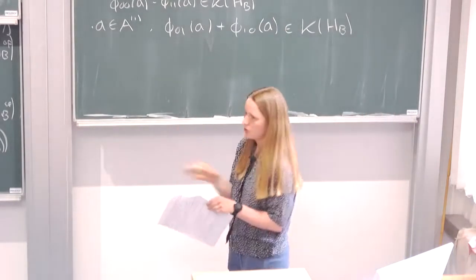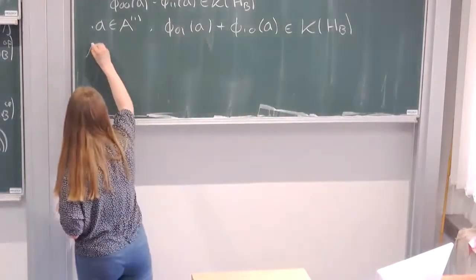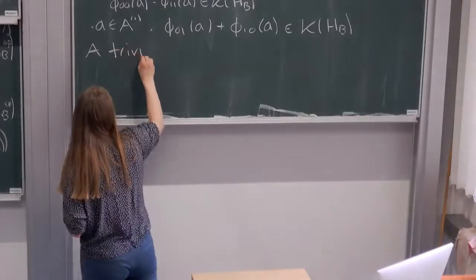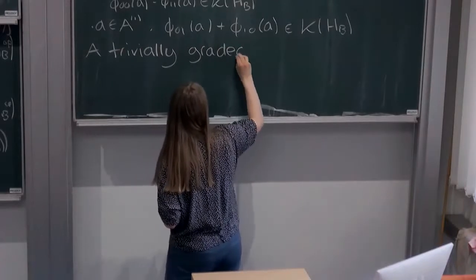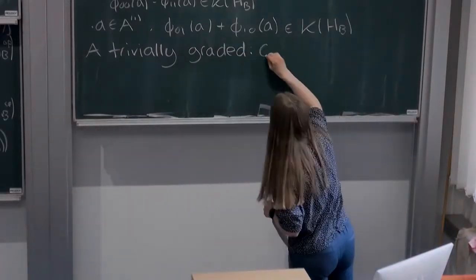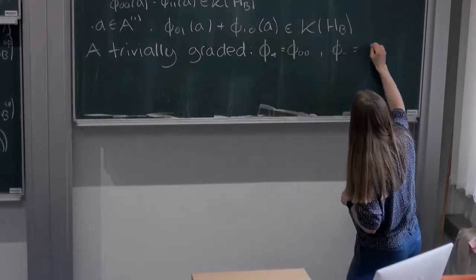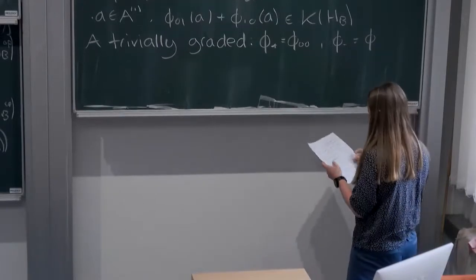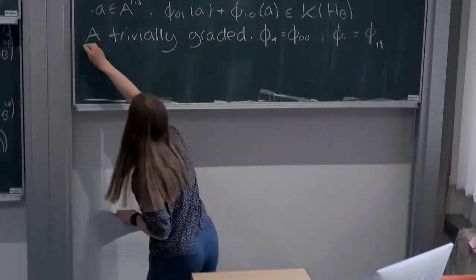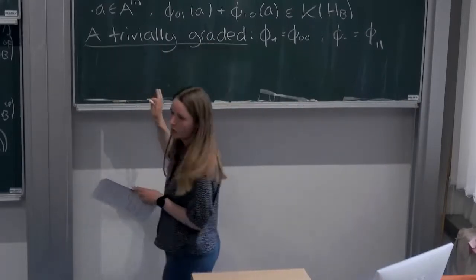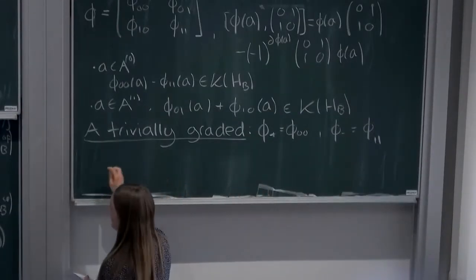Yeah. So in Cuntz's picture, he assumed that both A and B are trivially graded. So if we also assume A to be trivially graded, then I let phi plus be phi 0,0 and phi minus be phi 1,1. And then we get precisely the condition which I also wrote in my talk last time, how to express these Kasparov modules.